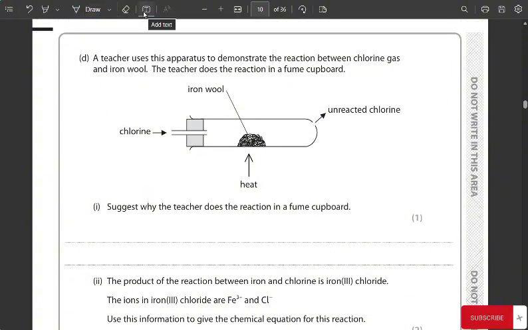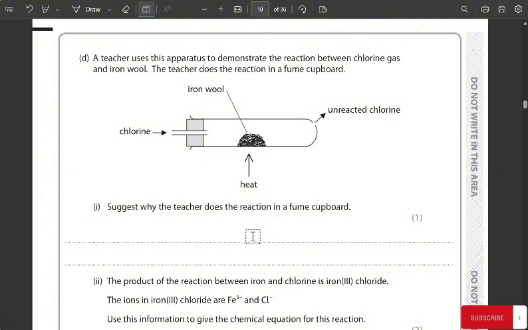And the next one. A teacher used this apparatus to demonstrate the reaction between chlorine gas and iron wool. The teacher does the reaction in a fume cupboard. We can see the experiment the teacher used and suggest why the teacher does the reaction in a fume cupboard.